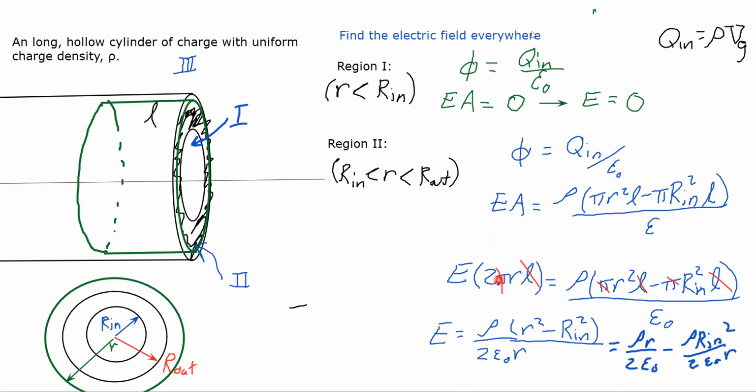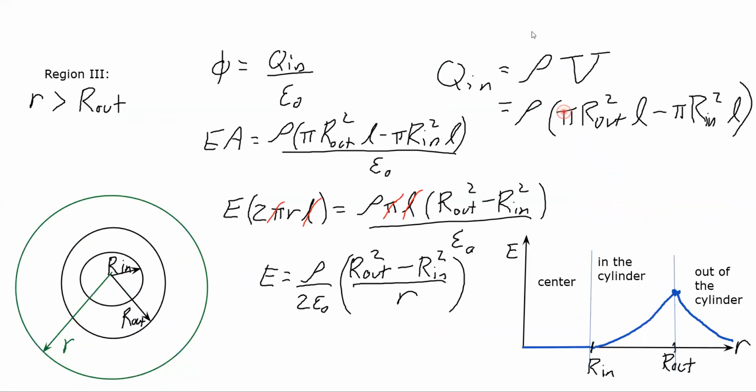What's tricky is finding Q inside, because you have to ask yourself what volume you are looking at. In our case over here, we're looking at the volume of the whole cylinder, not the middle part, not the empty part inside, but where the cylinder actually is. So you just have to be careful about the volume. Other than the volume, you have a consistent approach.